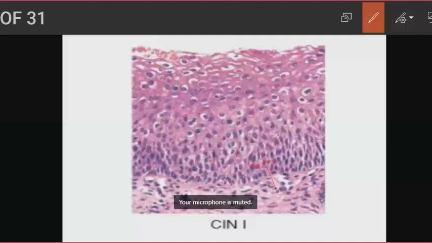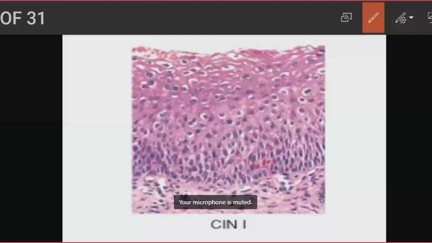Now this is CIN3. The whole of it is involved. This one is the basement membrane. The basement membrane has not been disrupted. These cells have not come down to the subepithelium.